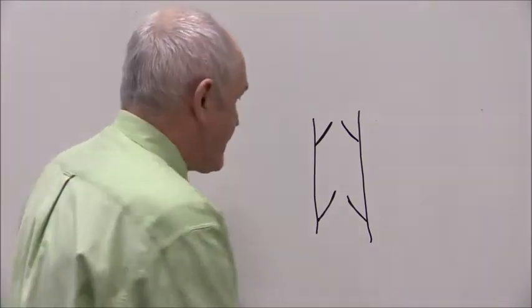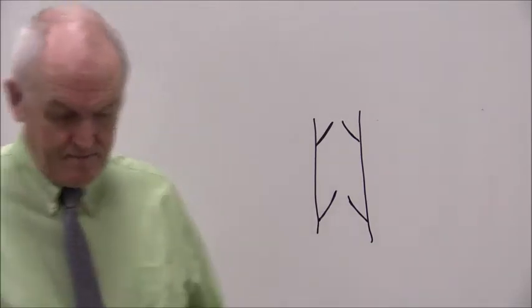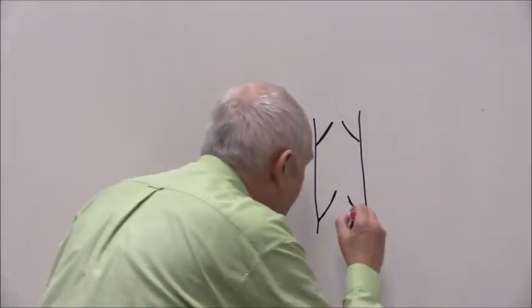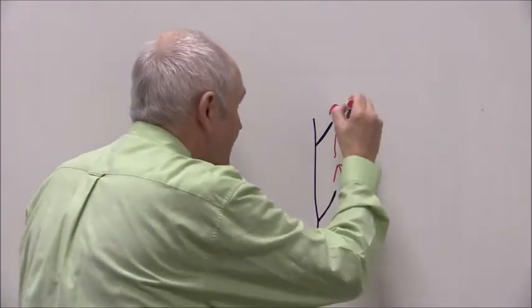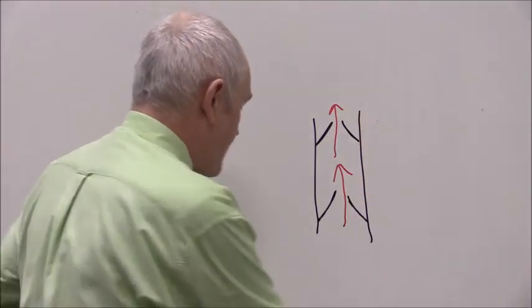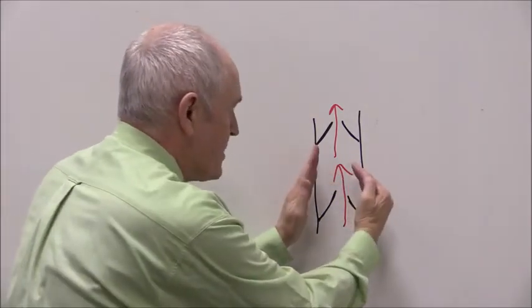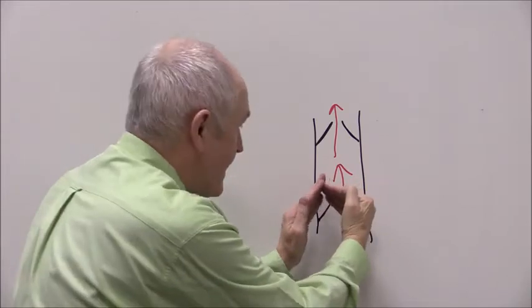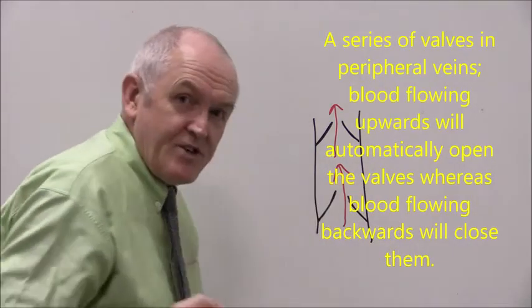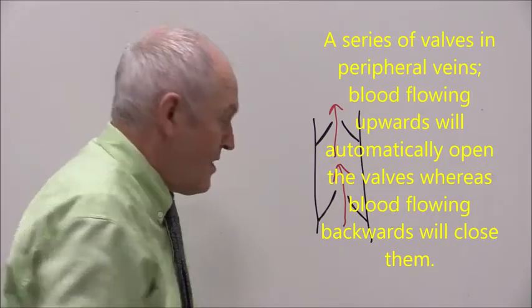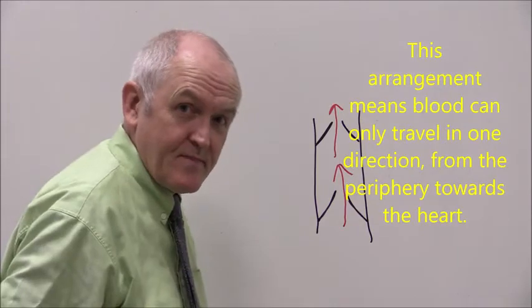And this is of course vital because the blood can go from below up to there, and from below there up to there. It can go up the way, but then if the blood tries to go back the way, these valves will shut. So they can open that way and they will shut that way, and that ensures one-way flow of blood from the periphery down here to the center of the body. So that's good.